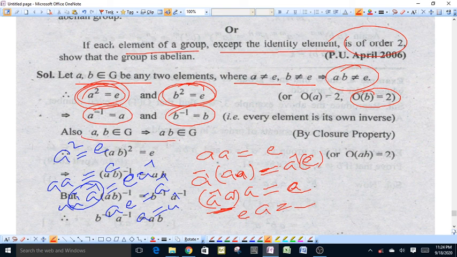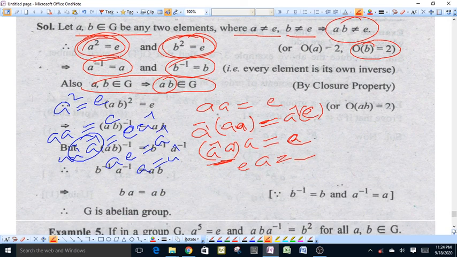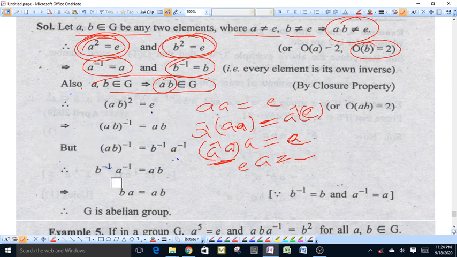Also a and b are elements of G, therefore ab also belongs to G, closure property. Because the order of every element of the group is 2, this means (ab) square is also equal to e. This means (ab) inverse is equal to ab.